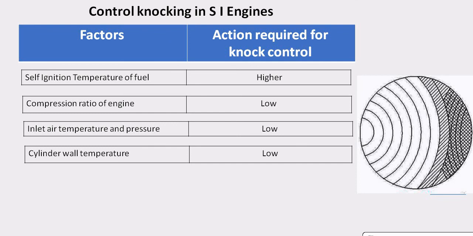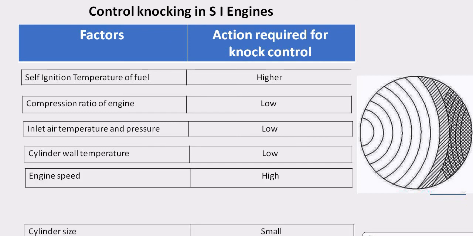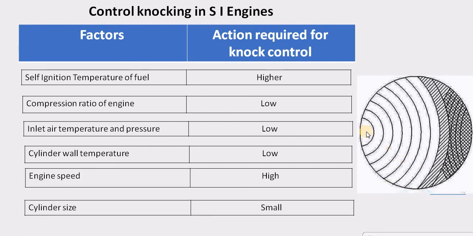And then we have the next parameter, engine speed. If the engine speed is high, we have less time for the combustion process to happen. That means we are not giving enough time for starting a new flame and coming back, and therefore the probability of knocking is lesser.